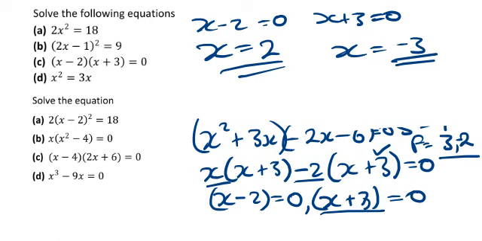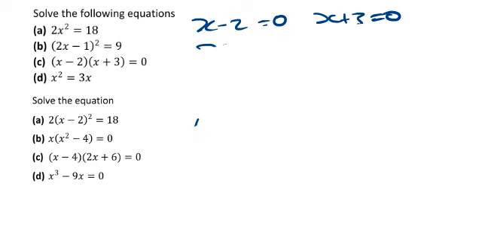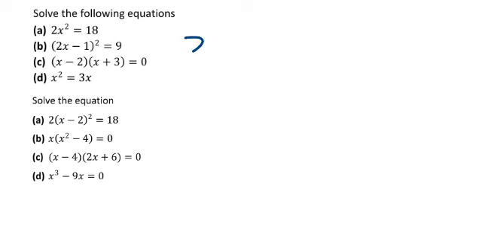Now you can pause the video and then you try part D. So our part D is saying we are having x squared equal to 3x. So what you do, you do not divide x and x.